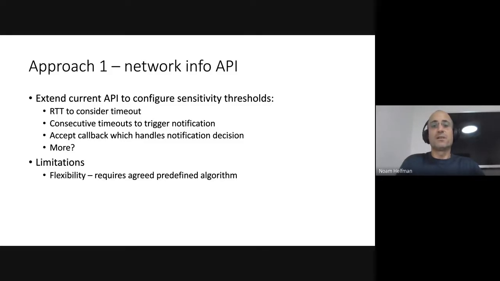Online gaming might require very low latency and high availability. Some other apps can maybe tolerate longer connections with more noise on the network and so on. And that's the main limitation.